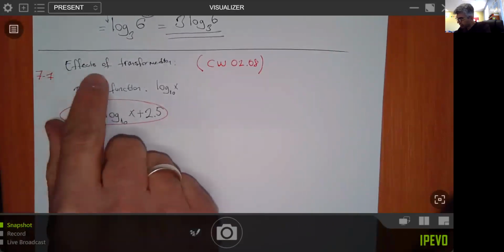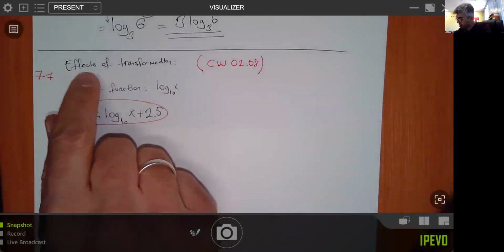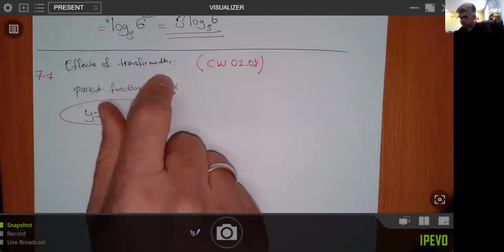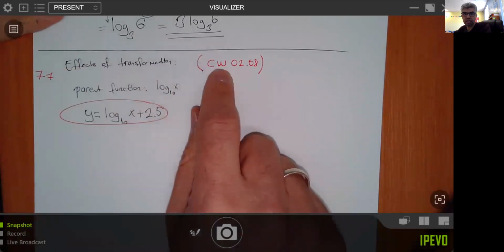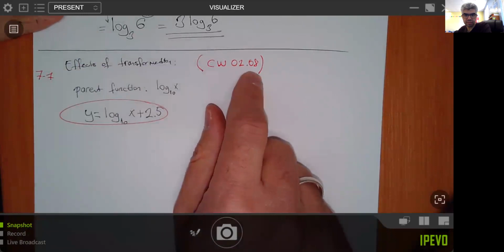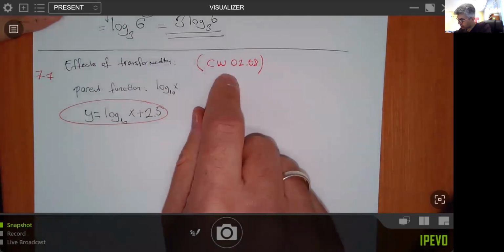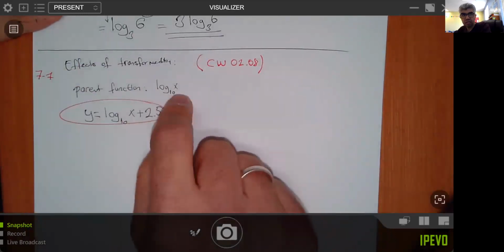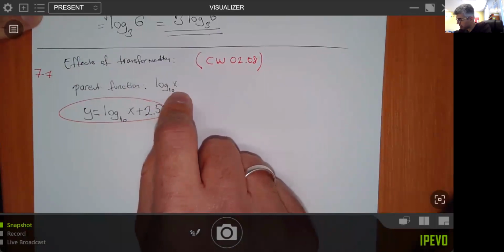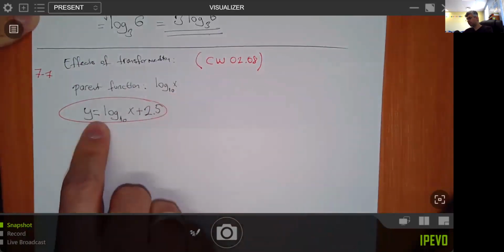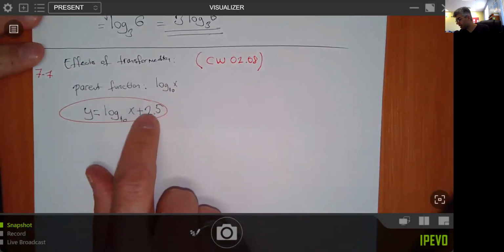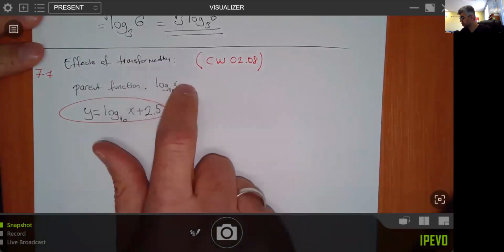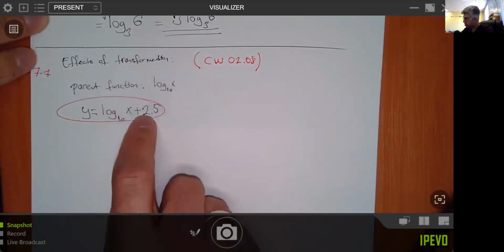So again, the other question will be from the effects of transformation. It's from worksheet 7/7, in Schoology as classwork 02.08. And the parent function should be given. Here the parent function is log of x base 10. And this is our function. How does this transformation affect the graph of the parent function? Well, it's easy.